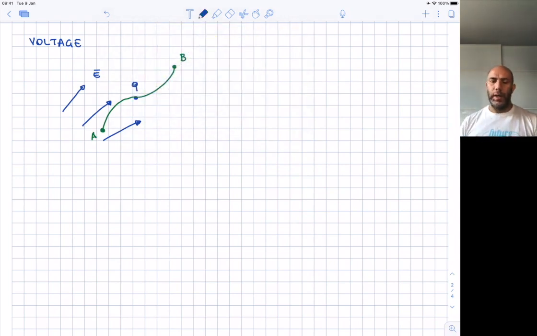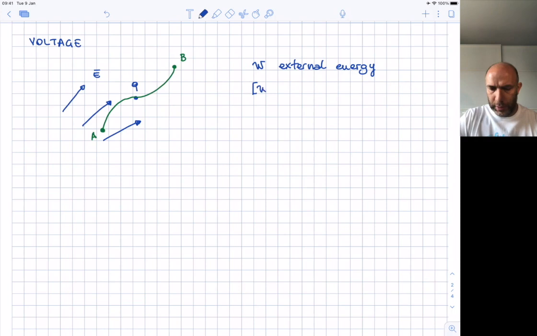Of course, in order to move the charge from the point A to the point B, the electric field is using an external energy. And this external energy is called W. That is the energy required by the electric field to move the charge from the point A to the point B. Of course, the energy is measured in joules.